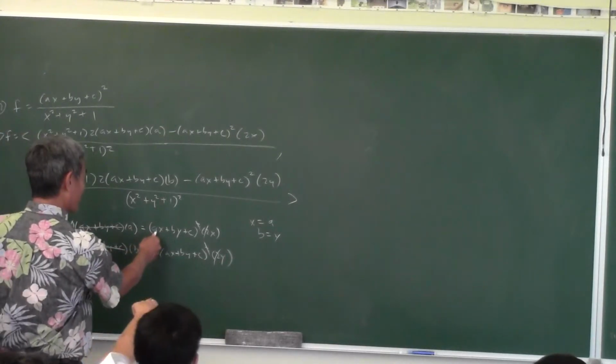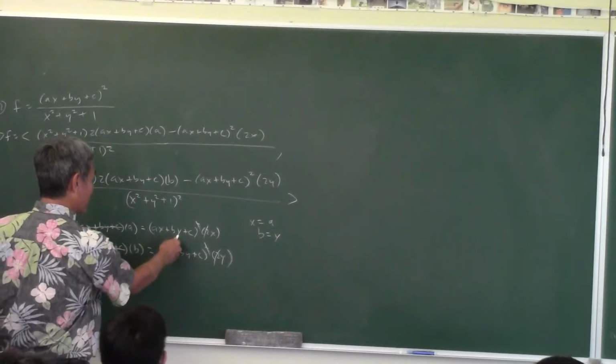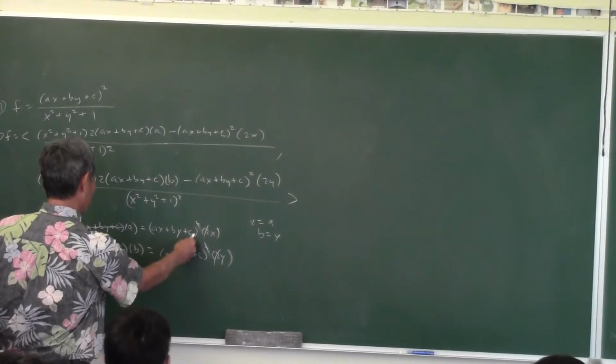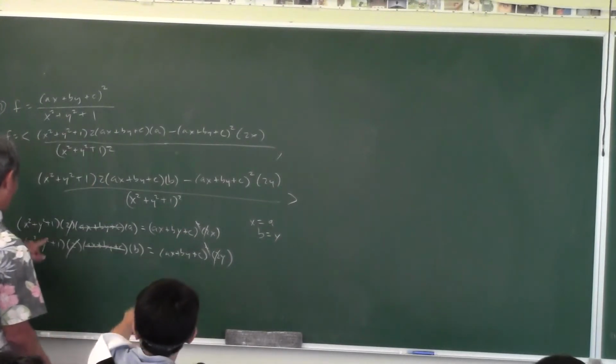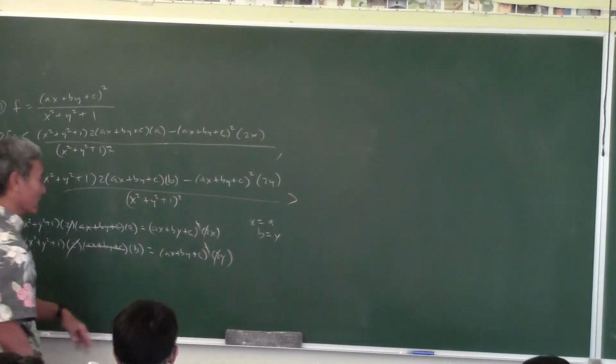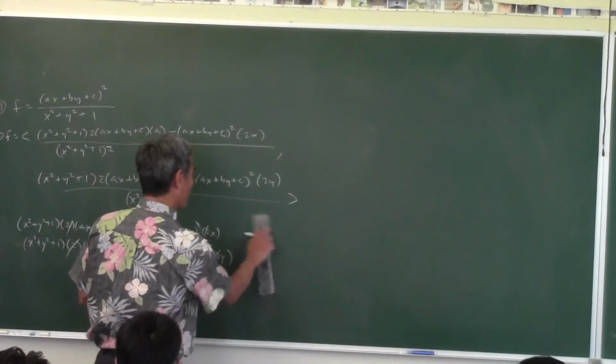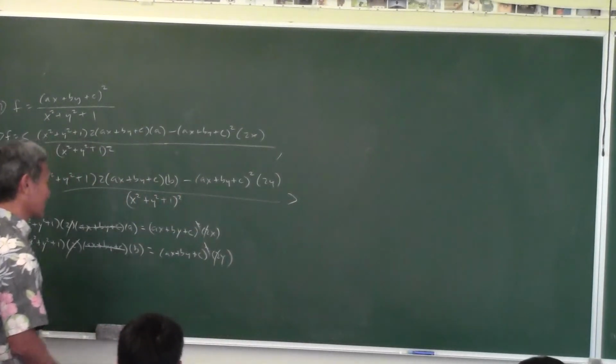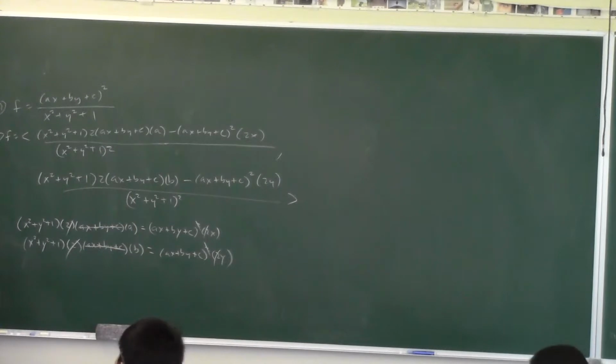Because over here you're going to get a squared plus b squared plus c, and there's actually a and b on this side, and then you got a 1. It was almost, but no, that doesn't work. So I guess the strategy here is, oh my gosh.